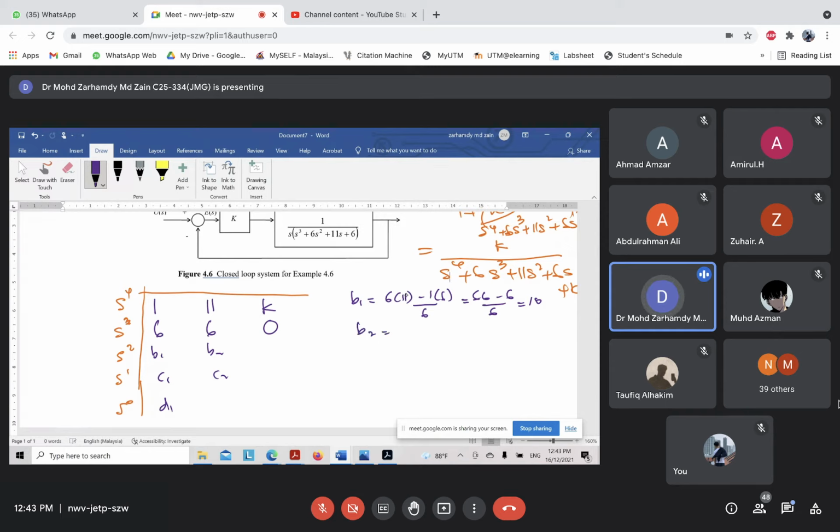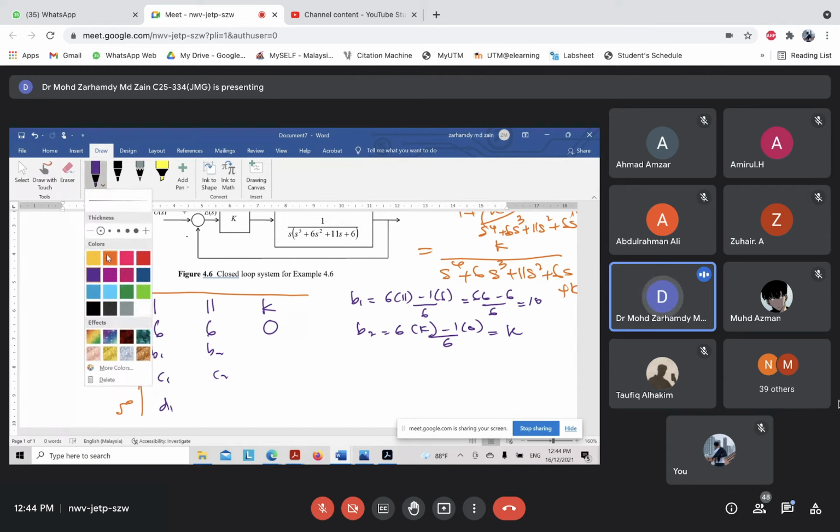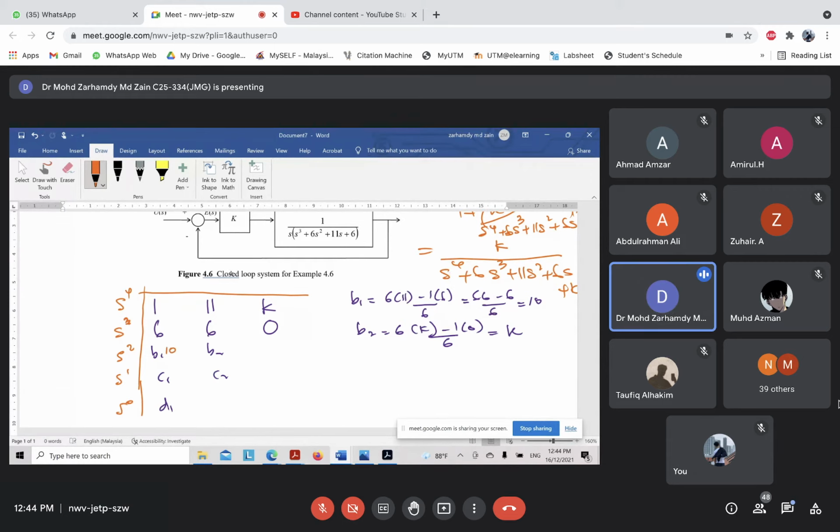B2: 6 multiplied by K minus 1 multiplied by 0, over 6. So we have K. So we just put them into place. B1 is 10. B2 is K.